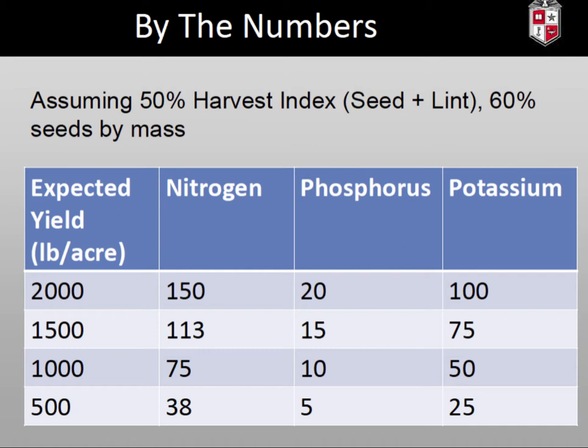But just using those kinds of numbers and the quantity of nitrogen, phosphorus, and potassium that you have in the plant tissues, that would come out to, if you're looking at 4-bale cotton, you would need, just based off of these numbers, 150 pounds of nitrogen, 20 pounds of phosphorus, which seems pretty low, but keep in mind that phosphorus uptake is a real trick with plants. It's not something where, if you've got 20 pounds of phosphorus in the soil, the plant's going to take up 20 pounds of phosphorus. Potassium is more like about 100 pounds per acre here.